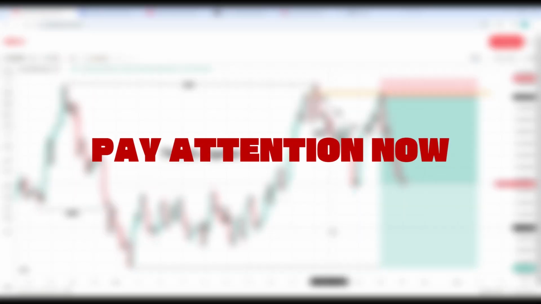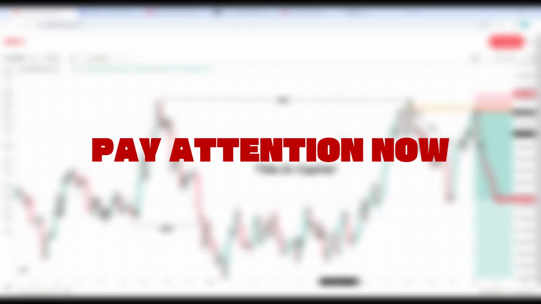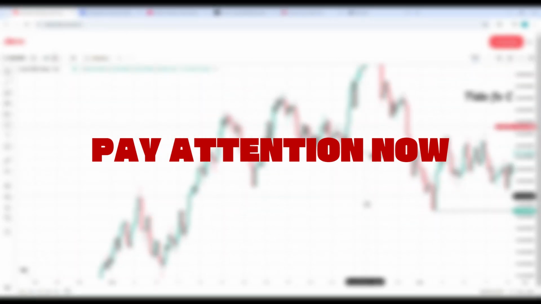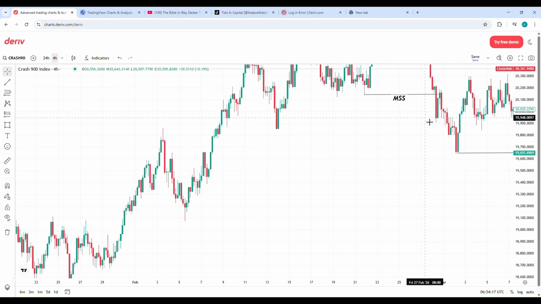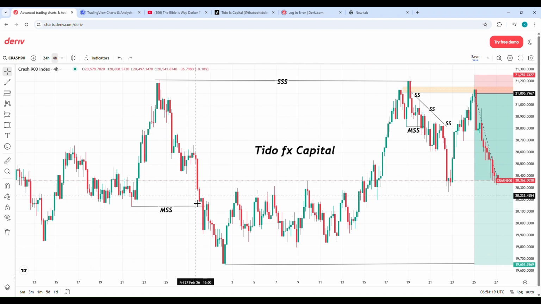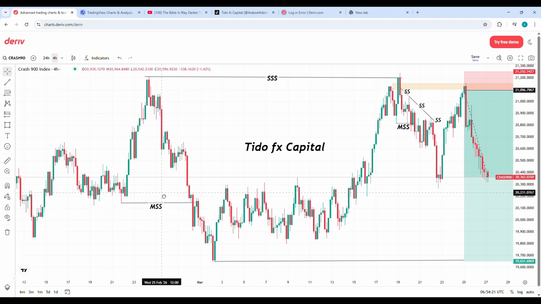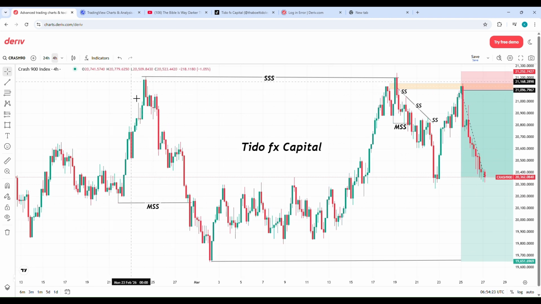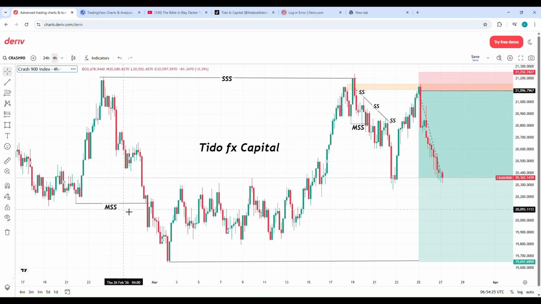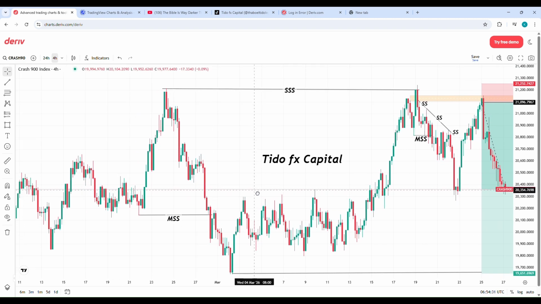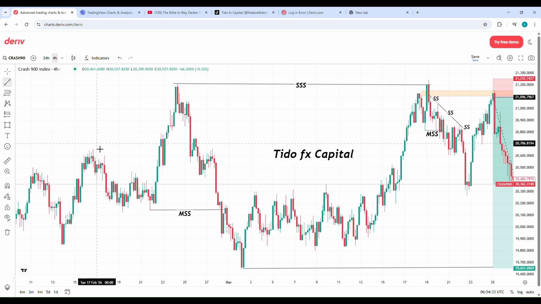As you can clearly see from this picture, the structure before anything: the price has been bullish, and all of a sudden the market shifted mega structure from the upside to the downside. So this was the first confirmation that there is high probability the market might start selling. But I knew as a liquidity trader that this was the last break of structure to the upside, because the market has been bullish all along.